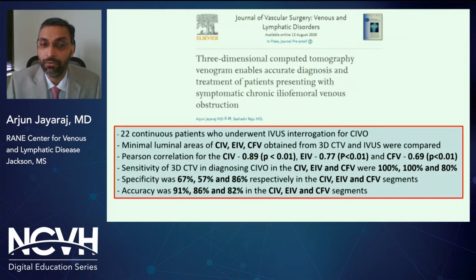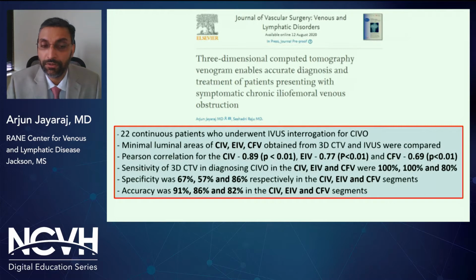Essentially, we compared the minimal luminal areas of the common iliac, external iliac, and common femoral veins obtained on 3D CT venogram with IVUS. And we found that there was very good correlation between IVUS and 3D CT venogram for luminal areas. The sensitivity actually ranged from 80 to 100% depending on the segment that was evaluated.